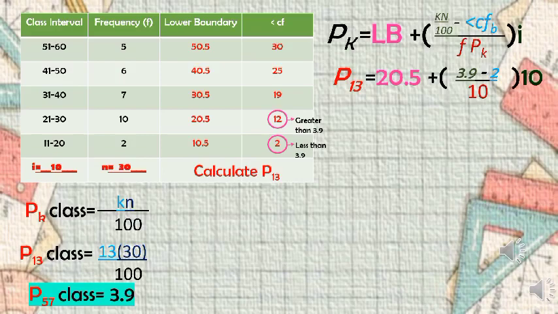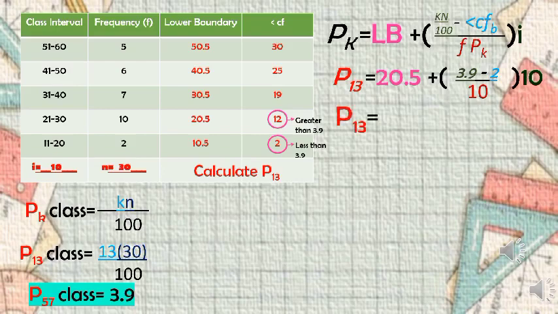All over the frequency of the percentile class which is 10 kasi itong 10 doon sa second row natin sa column ng frequency times the interval or class width which is 10. Then we will be simplifying this.